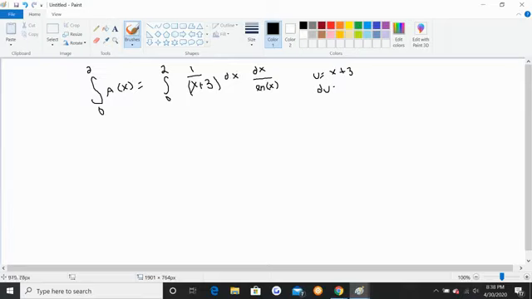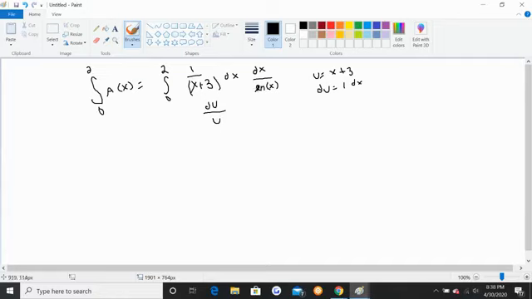Keep forgetting that. Du is equal to 1, right? Because this is a constant, and 1 is going to be the derivative of x. So du is equal to 1 dx, so we don't have to worry about that. So we would have here du over u.